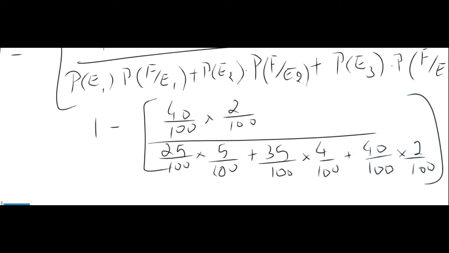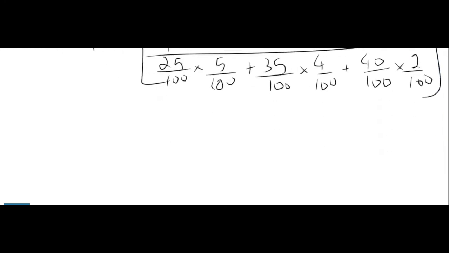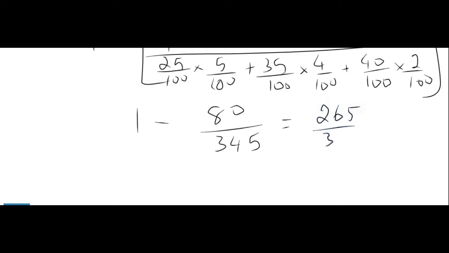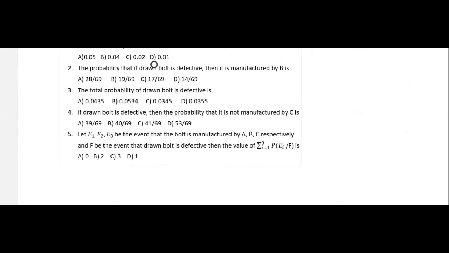On simplification, we get 1 minus 80 by 345, since we already calculated the denominator to be 345, which is nothing but 345 minus 80 by 345, which is 265 by 345. On simplification, we get 53 by 69. So we can see that option D is correct.